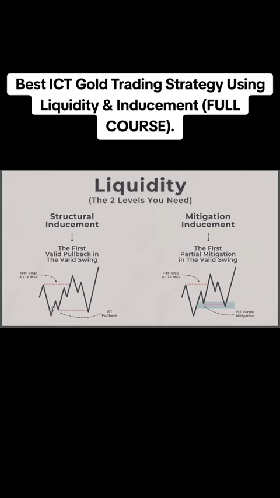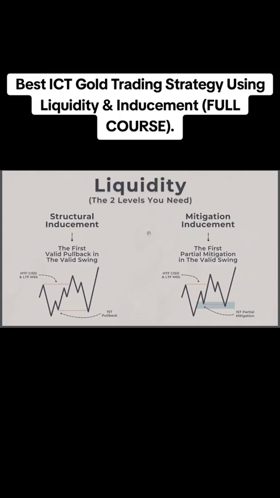What we can see is that it was starting to go up, pull back, going up, pull back, going up. Now the valid pullback, we're going to discuss this later. We're going to discuss the minimum candles or minimum move in order to consider a piece of price action a pullback. So basically the first pullback in this valid swing is your structural inducement, and that's a level we're going to be using in order to enter.